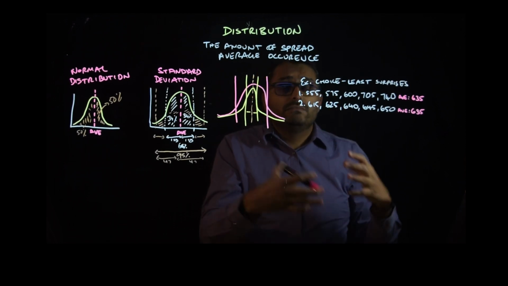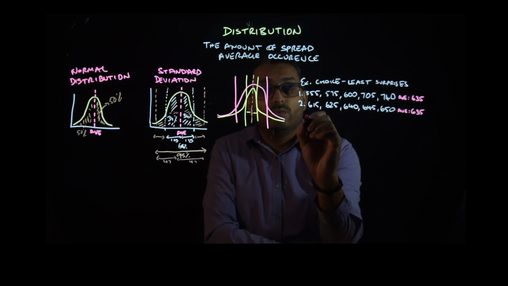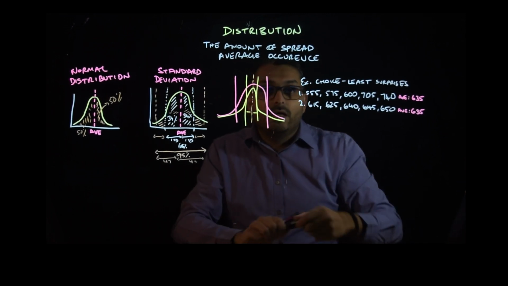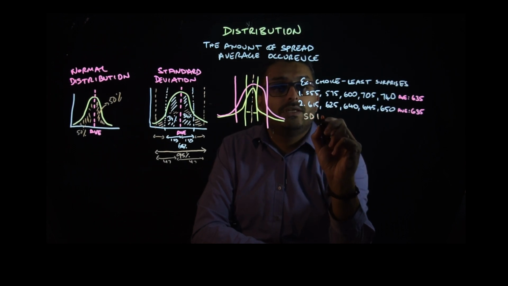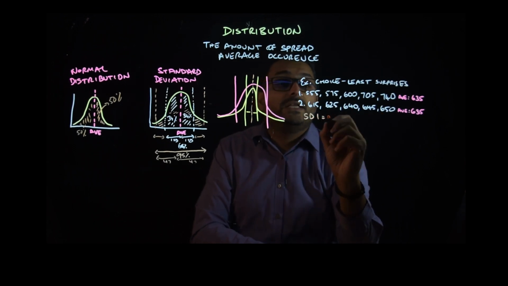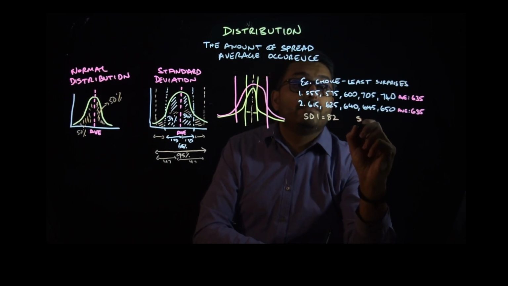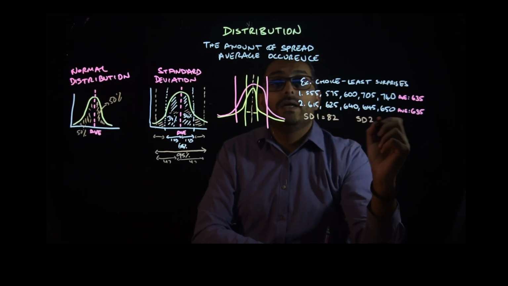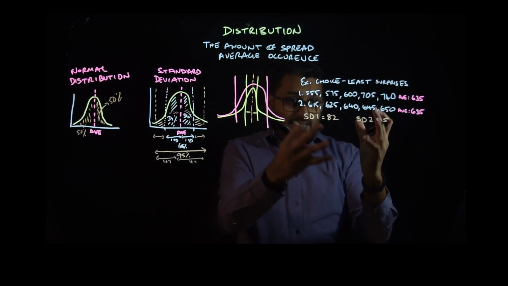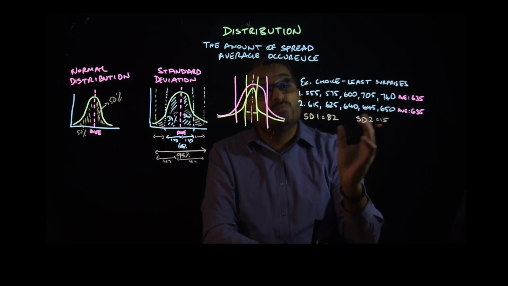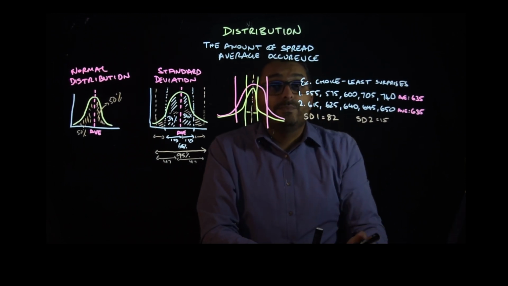But when I do calculate the standard deviation, I will see that the standard deviation for set 1 is actually 82, and the standard deviation for set 2 is actually 15. So you can see how much narrower set 2 is than set 1.